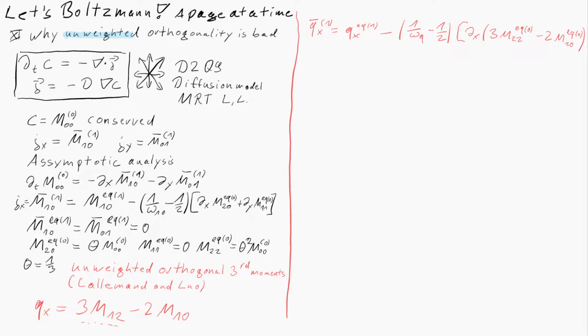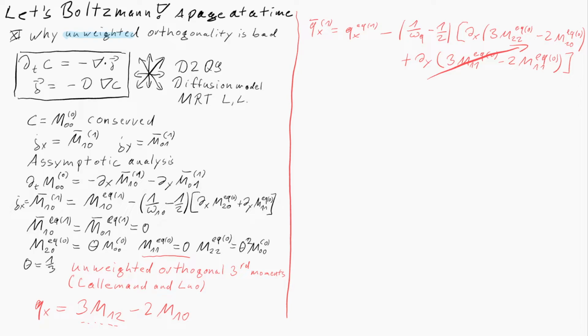And then there is also this combination in the y direction, and this is 3 times m11, and I'm using here already the aliasing. This is m11 equilibrium to 0 order minus 2 times m11 equilibrium to 0 order, but we do not have to care about these guys because we've already learned here that these guys here are 0, so we can forget them.